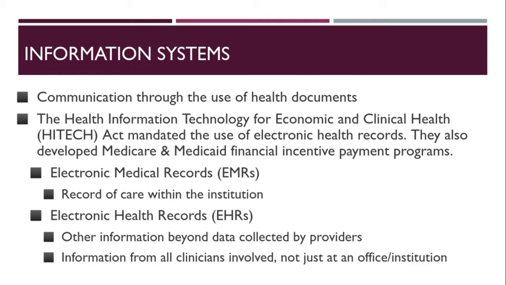They also developed Medicare and Medicaid financial incentive payment programs. There's electronic medical records or EMRs, which is more of a record of care within the institution. And then there's electronic health records or EHRs, which provide other information beyond data collected by providers. It's information from all clinicians involved, so not just one office or one institution, it's a combination.